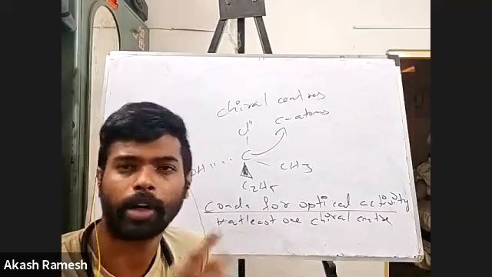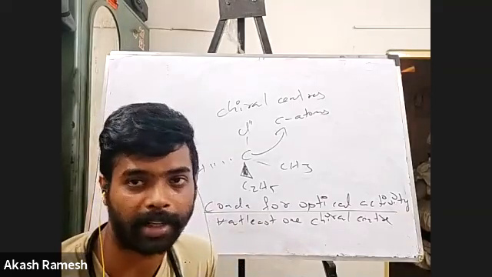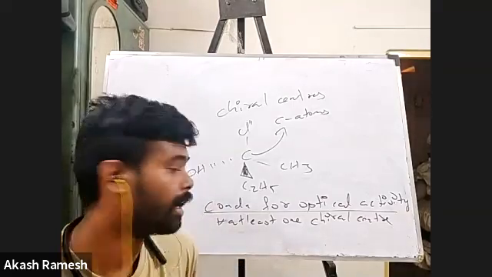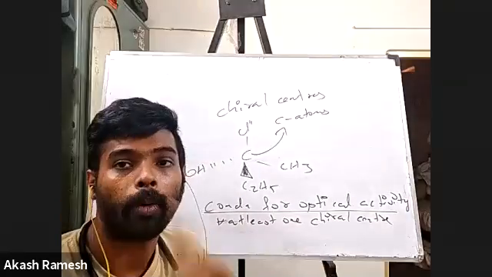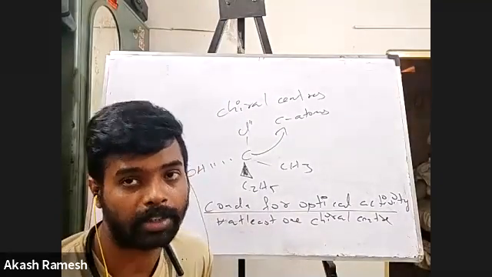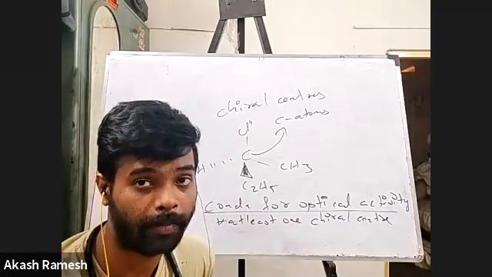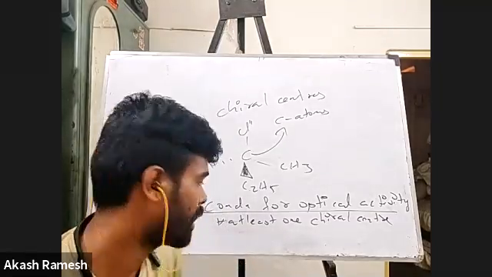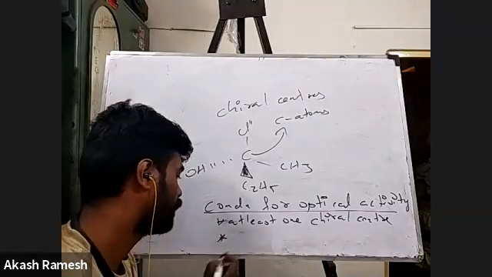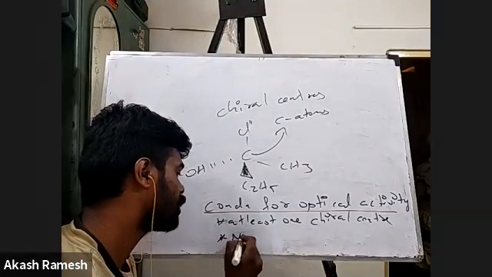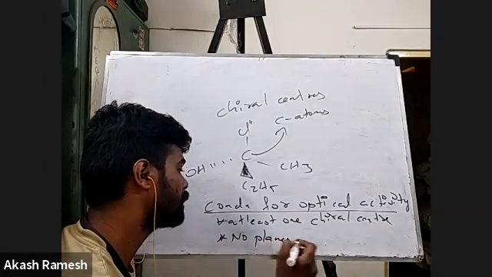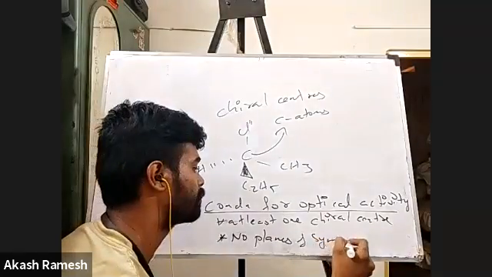That we'll see later. Only two or three compounds are going to be like that. But generally I require at least one chiral carbon atom to be present for the compound to be optically active. Is that okay? But again, this is not necessarily the only condition. The second condition is there should not be any planes of symmetry.